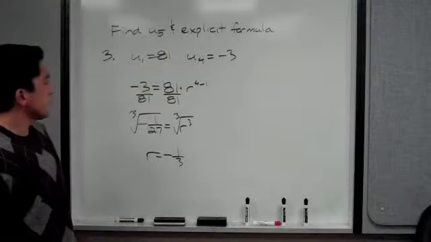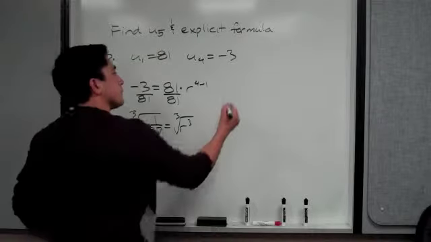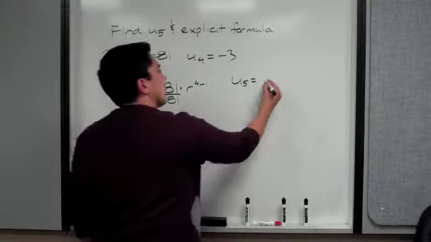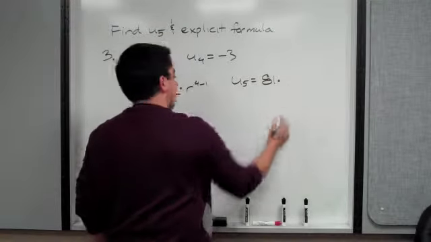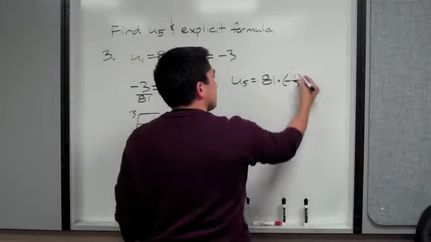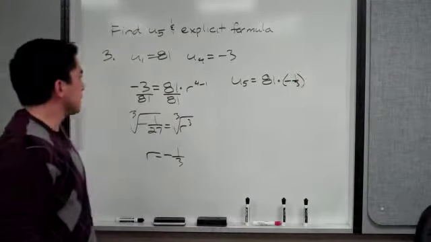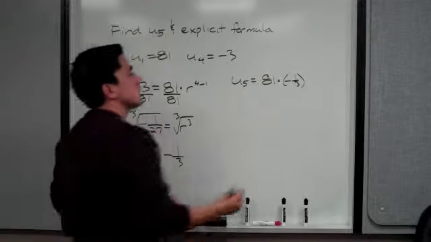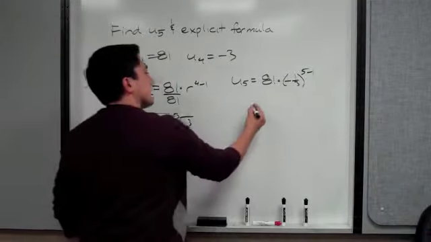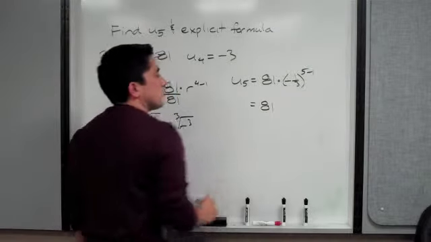Okay? So now we're going to find u sub 5. U sub 5 is equal to our first term, 81, times our ratio, which is negative 1/3, to the n minus 1. From 1 to 5, it gives us 5. Okay? So therefore, we still have the 81 there.